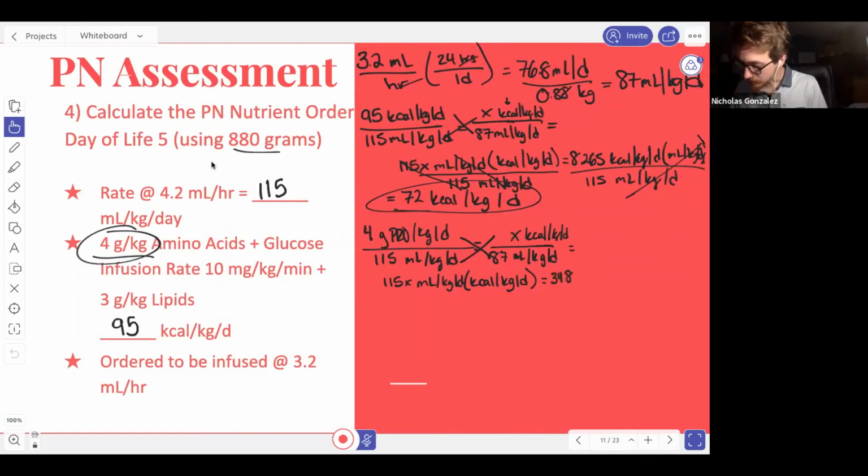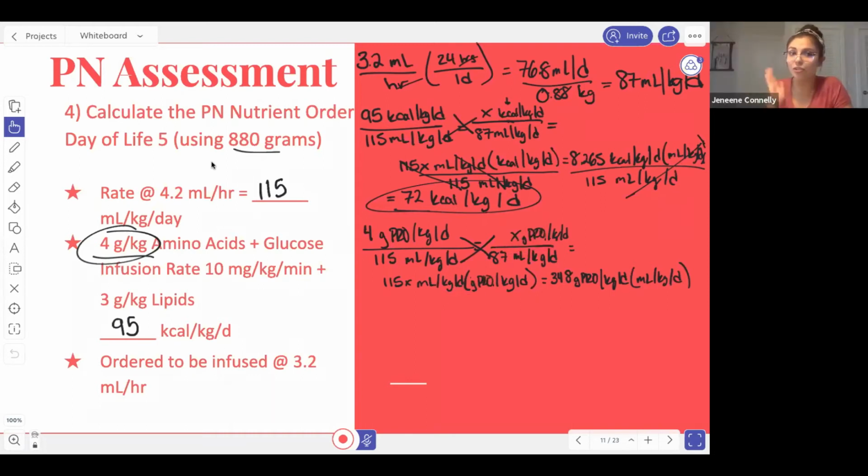And that's going to be grams of protein per kilogram per day times the milliliters per kilogram per day. And real quickly, I just realized this is not calories. It is grams of protein. See, we all make mistakes. Units, the units. Pay attention to your units.